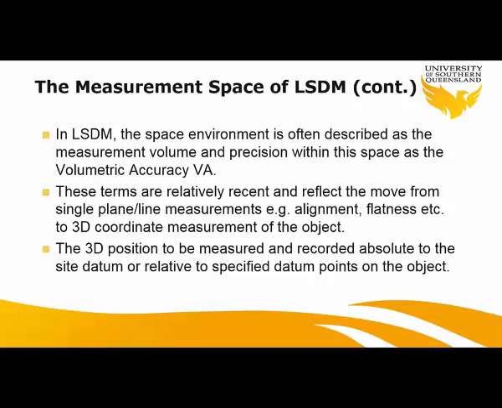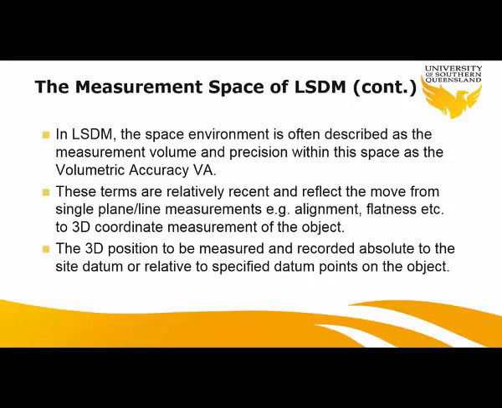In large scale dimensional metrology, we have a term we call volumetric accuracy. Volumetric accuracy is the way we express the precision in metrology. This is a relatively new term, and basically shows the move from a single plane or line.